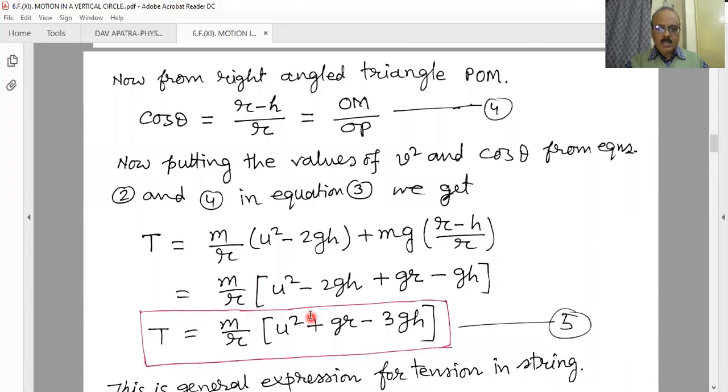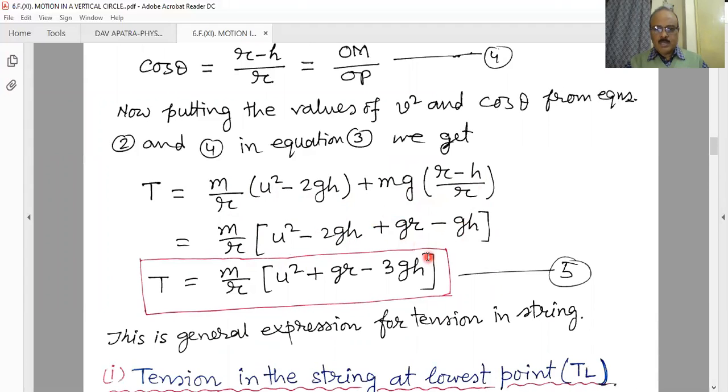Now if we take m by r common, we get u square minus 2gh plus g into r minus g into h. After simplification, we get T is equal to (m by r) into (u square plus gr minus 3gh). And it is another expression for the tension at any point.